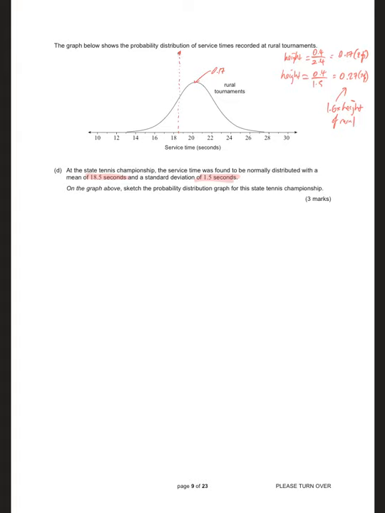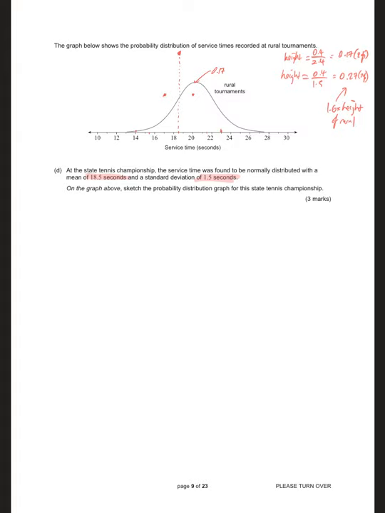Standard deviation is 1.5, so one standard deviation, 18.5, 19, it's over 20 and halfway, so your points of inflection are going to be halfway down, one standard deviation away. 20, 21.5, 22, 23, so it should finish at just over 23. 1.5 should finish just over 14.